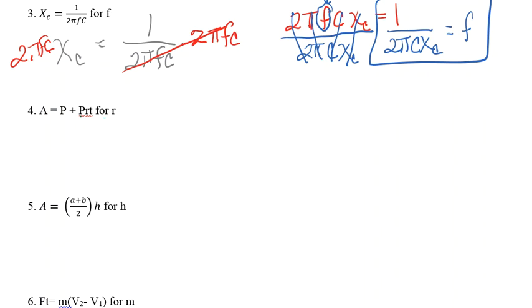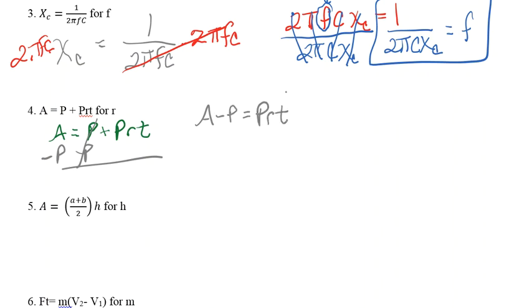For this one, we have A equals P plus PRT. This is a financial equation, and we're trying to get R by itself. So the first thing I'm going to do is move anything that I would be adding or subtracting, which is going to be this capital P. I'm going to minus it. So I have A minus P equals capital P times R times T. Now I've gotten rid of part of it, but I still have to move the capital P and the T that are with the R. These are all multiplying.